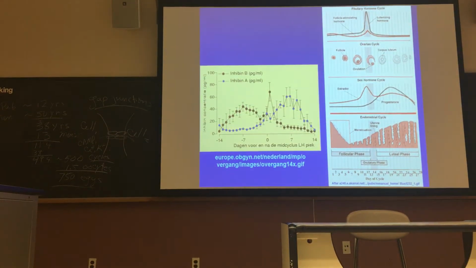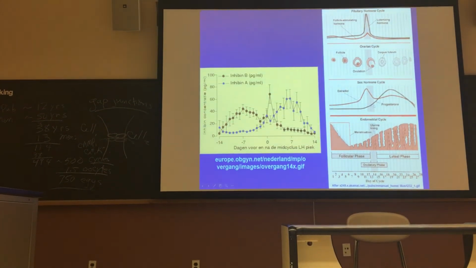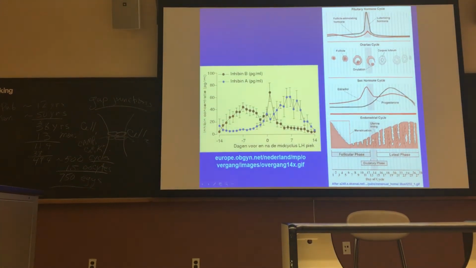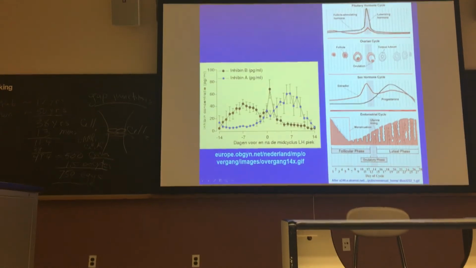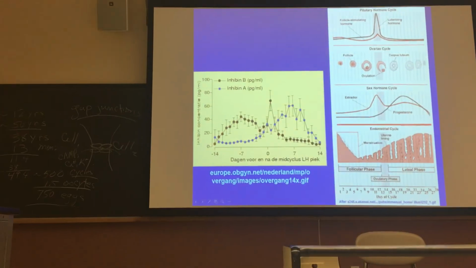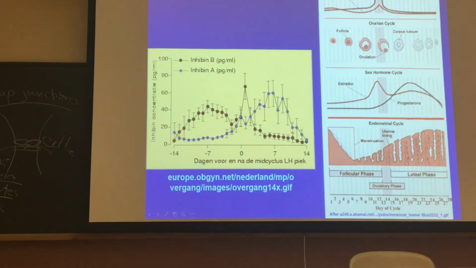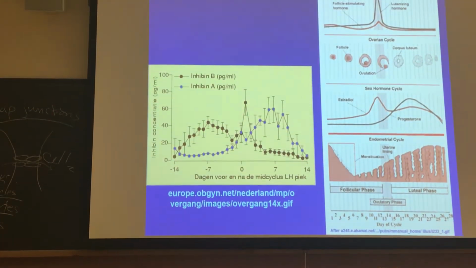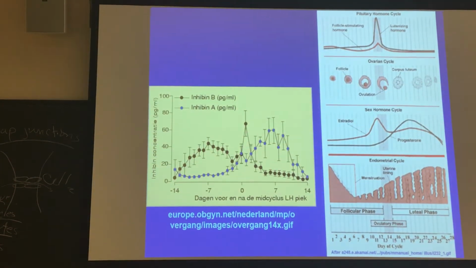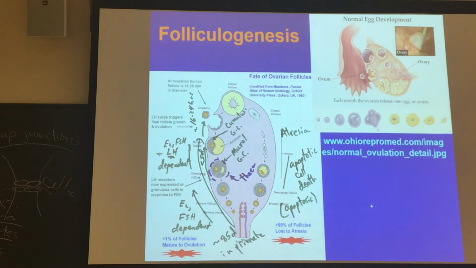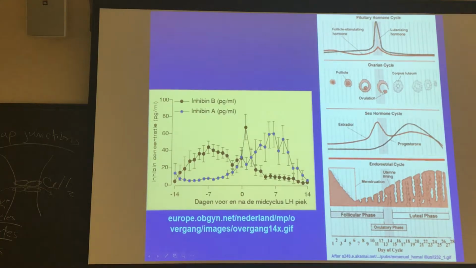At about the time of ovulation, when you start to see progesterone being formed, you've got estrogen. Estrogen is one of the things that stimulates not just growth of the cells, but their production of progesterone receptors. So estrogen has to precede progesterone in order for progesterone to act in the lining of the uterus.